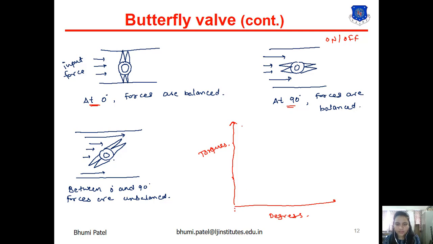Suppose starting from 0-degree and ending with 90-degree. At 0-degree the butterfly valve is fully closed, and at 90-degree the butterfly valve is fully open, and whatever torque is produced, suppose starting from 0 and this is the 350, in different applications the torque produced is different.